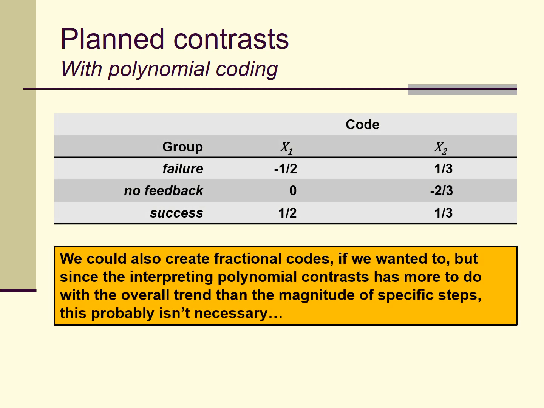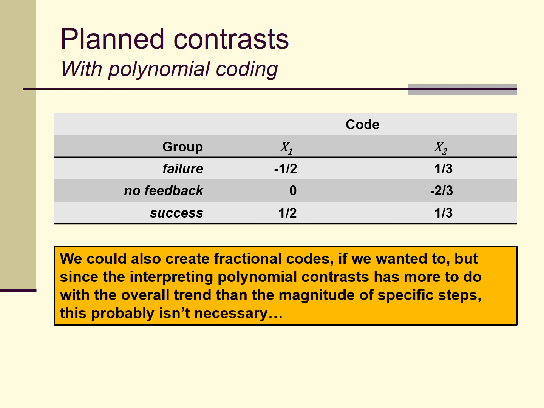One more point, we could also create fractional versions of these codes just as we did with regular contrast codes, dividing to create fractions if we wanted to. You don't see this as much, or at least I don't tend to do this as much personally. That's because interpreting polynomial contrasts has more to do with the overall trend than the magnitude of specific steps.